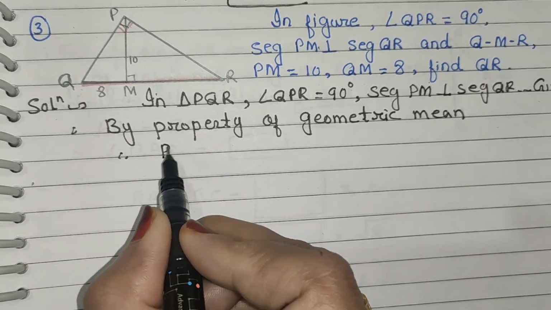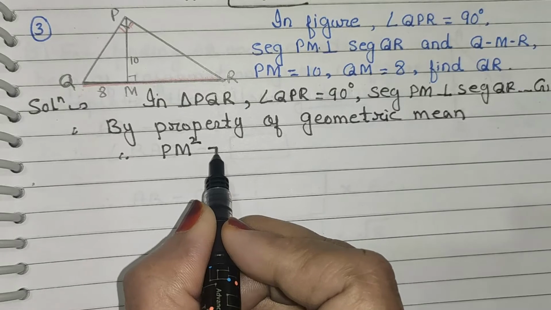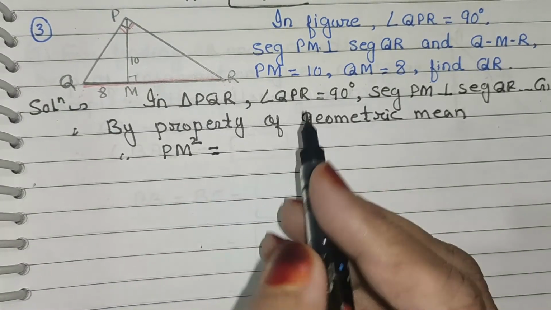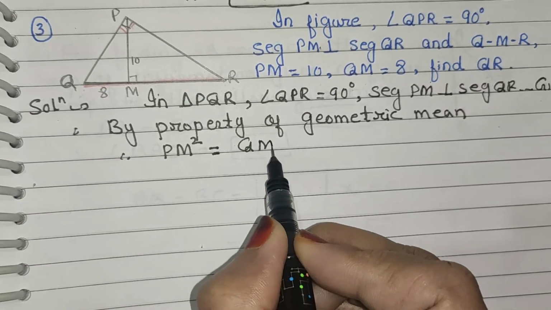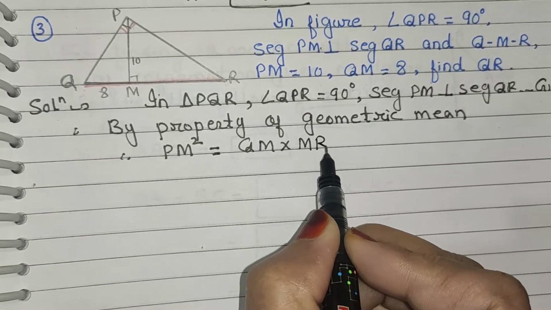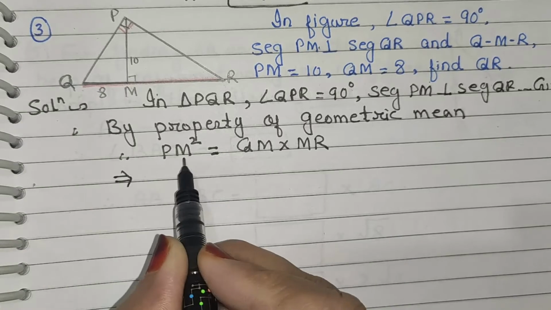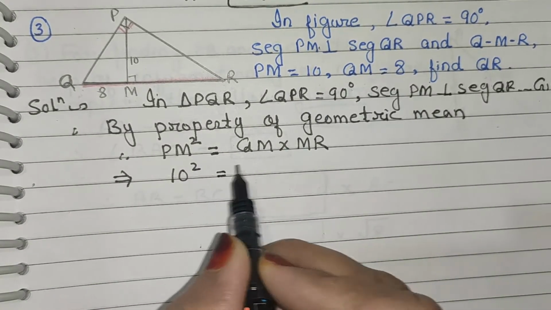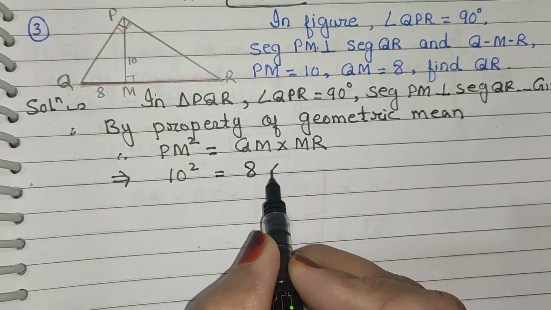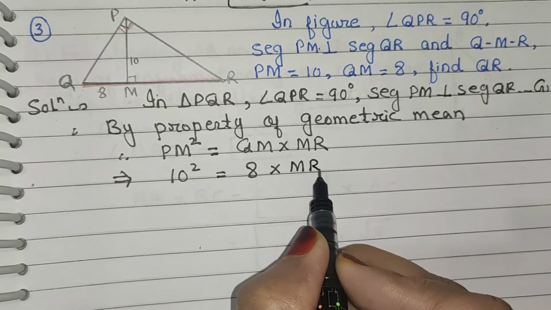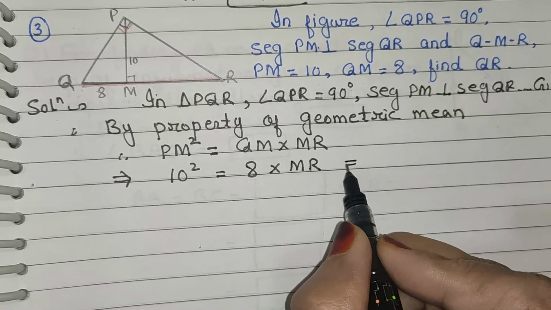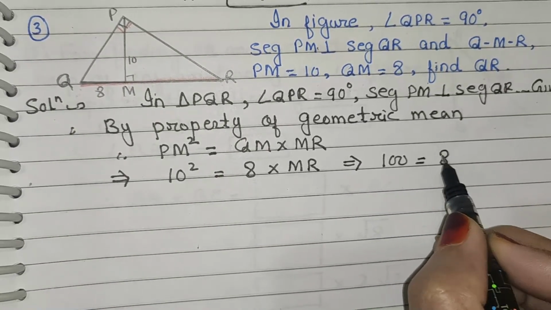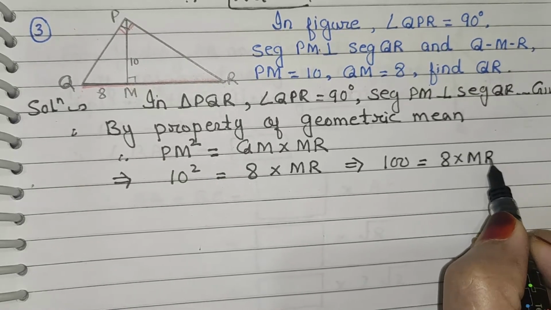Therefore, PM whole square is equal to QM into MR. Now substituting the values, we get PM, the value of PM is 10. 10 square is equal to QM, given 8, into MR. Therefore solve it. 10 square means 100 is equal to 8 into MR.